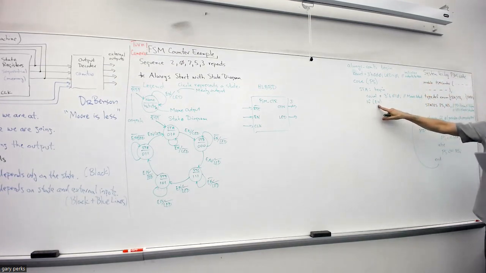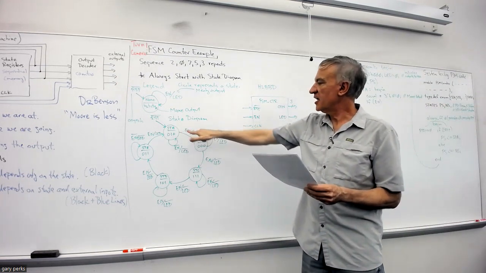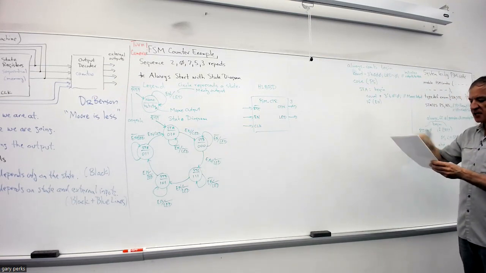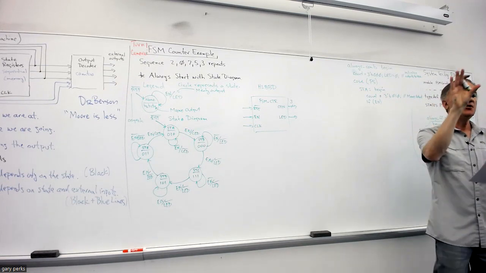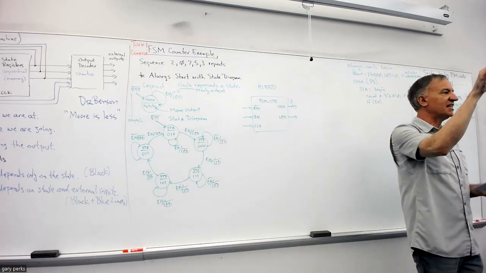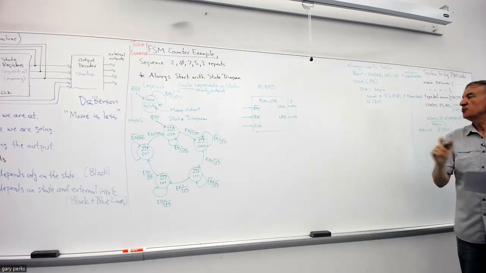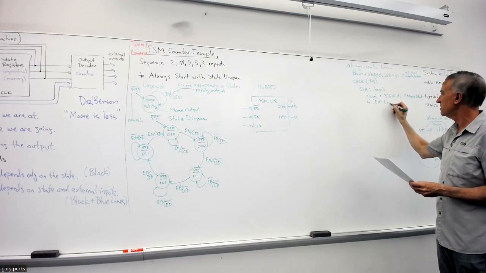Because if we're in state A and we have our enable, and I'm going to have multiple outputs here, so I need a begin. Remember we talked about how with an if statement, if you only have a single output, you don't need the begin end within the if. But here we've got 2 outputs, so we need a begin.